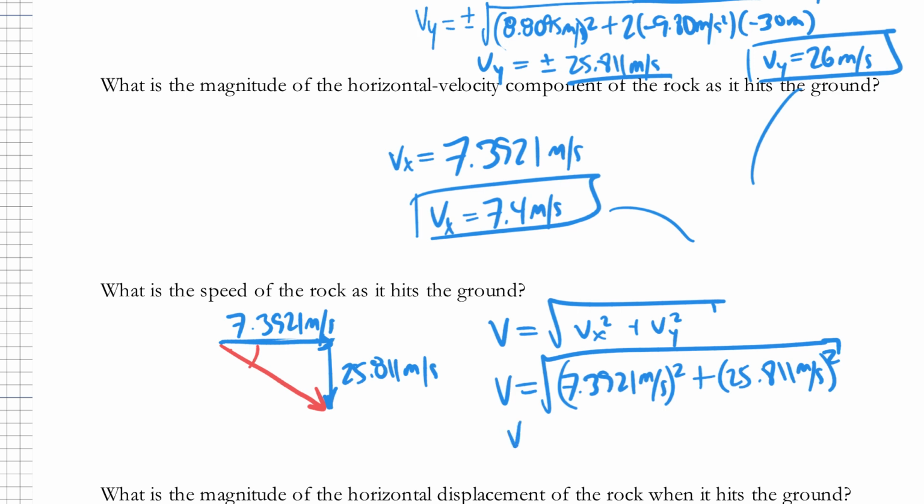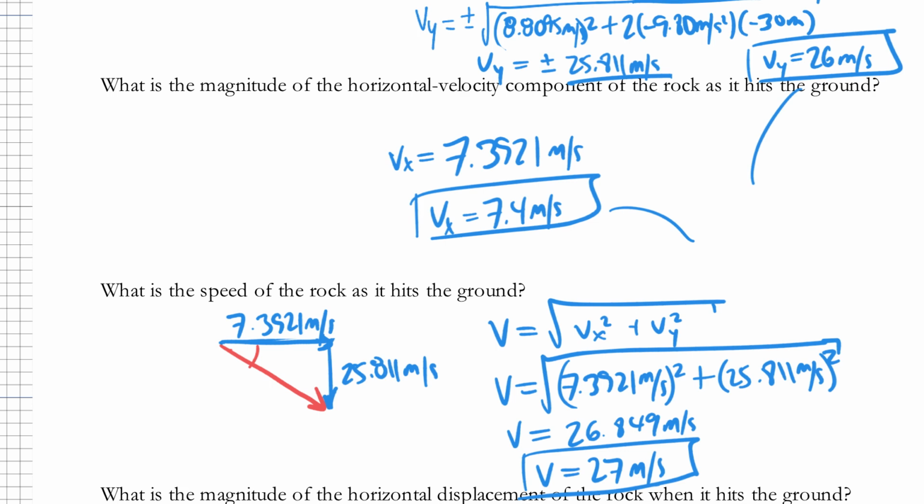The magnitude of that is 26.849 meters per second. If we want 2 sig figs, that will be 27 meters per second.